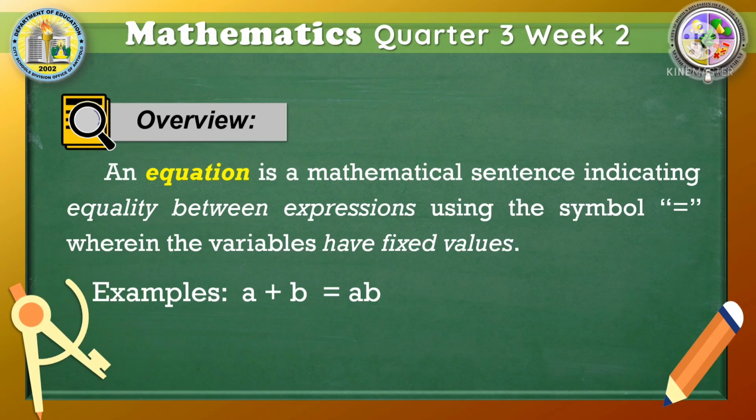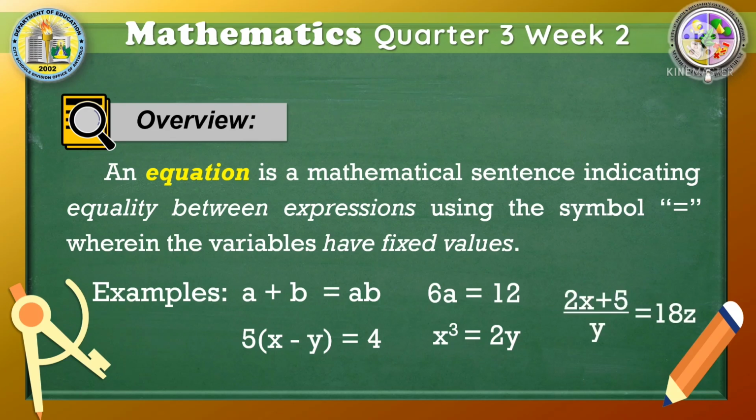We also have 6a is equal to 12. We also have 5 open parenthesis x minus y close parenthesis equals 4. Then we have x cubed is equal to 2y. And lastly, we have 2x plus 5 over y is equal to 18z.